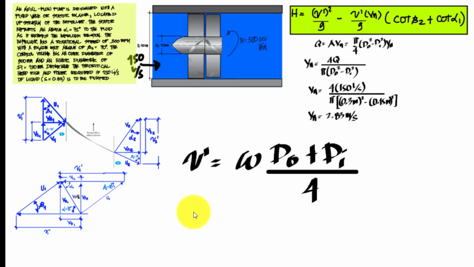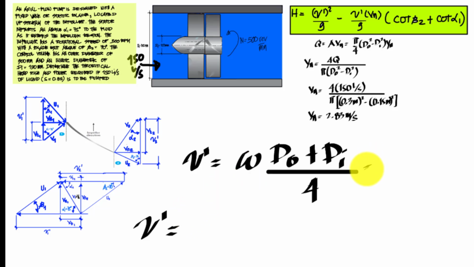Now substituting values here, that will be the velocity of my vane. Your angular velocity will be 2 pi, no?